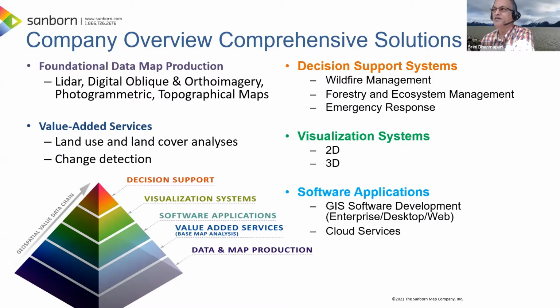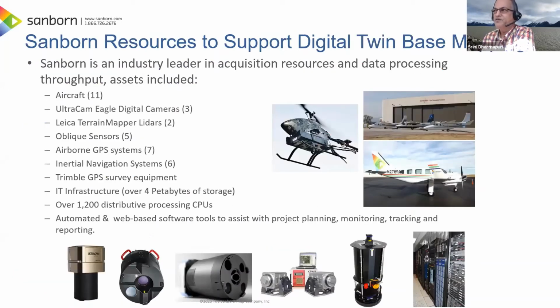As I said, we are an end-to-end mapping company, so we have our own collection resources. We have 11 aircraft, 3 UltraCam large format cameras, and 2 LiDAR terrain mappers, and very recently we added one more Riegl LiDAR sensor.